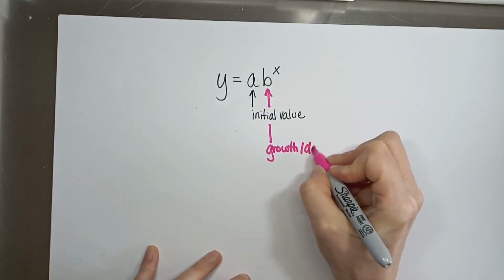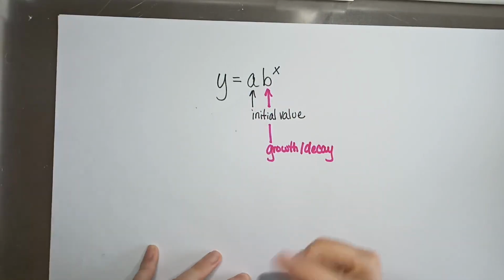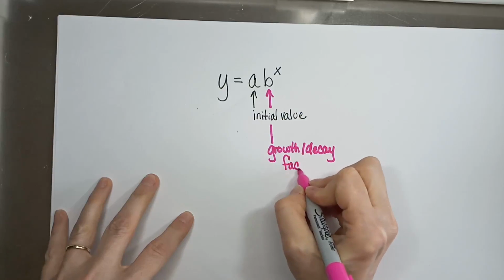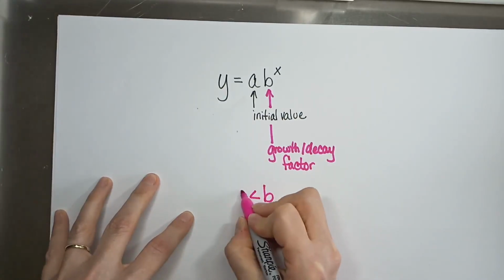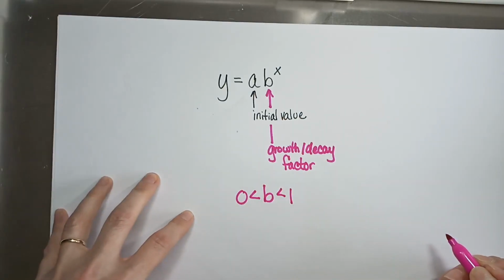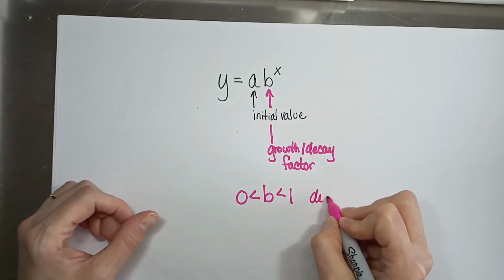And remember, the way we know that something is growth or decay is what that number is. If b is between 0 and 1, or a fraction, or a decimal, in other words, then this is decay.